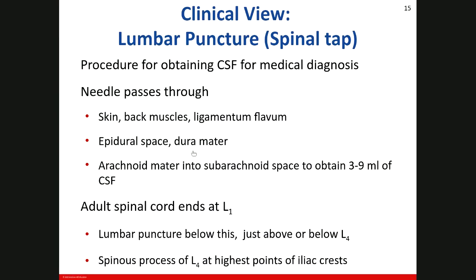We should also pass the arachnoid mater, and when we come into the subarachnoid space, we can aspirate about 3 to 9 milliliters of cerebrospinal fluid. And we should do it below lumbar vertebra number 1. In adults, most of the time, they can do it above or below lumbar vertebra number 4.